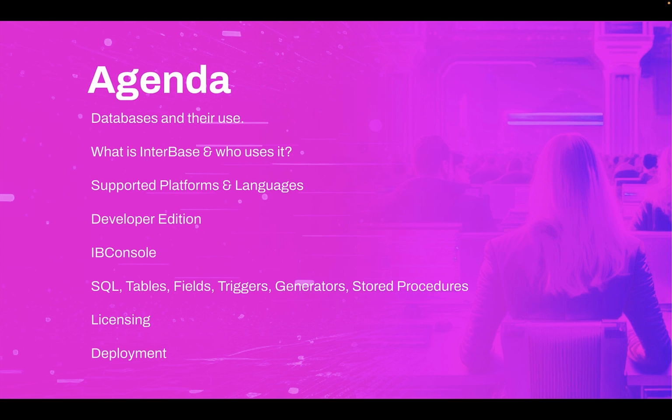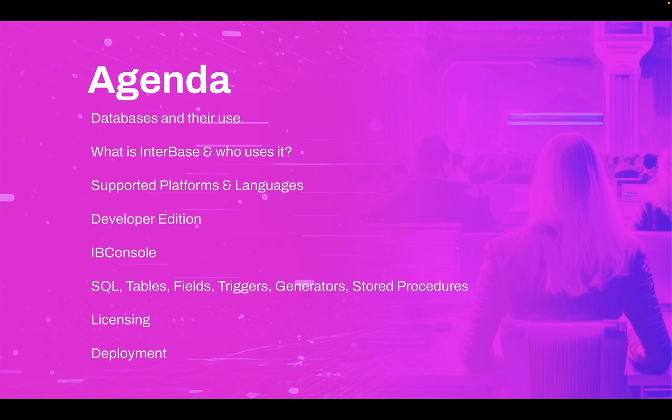I say this is very much a getting started session. So we're going to talk a little bit about databases, their uses, and the different types of architectures that you're going to see around databases, to help explain the different scenarios and how databases are connected to and worked with. Once we've got that understanding, we'll talk very quickly about what InterBase is and who uses it, to give you an idea of the flavour of the different types of businesses that work with databases.